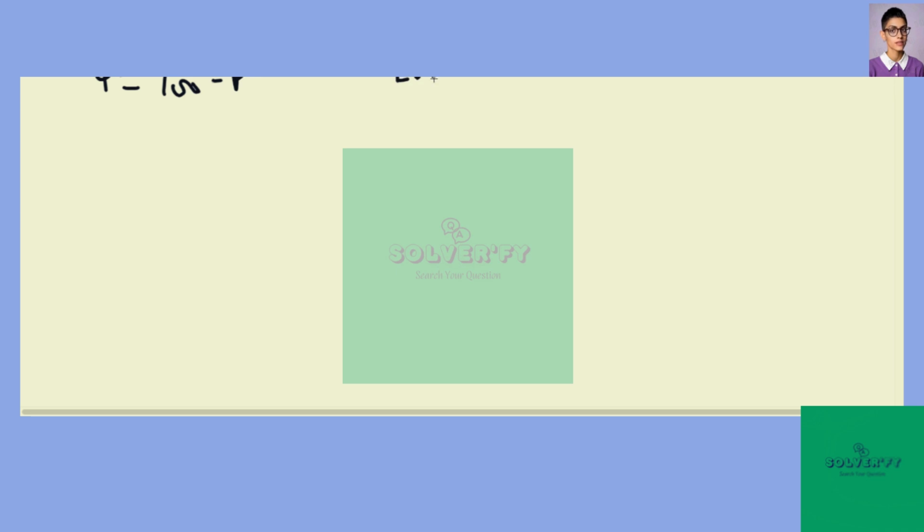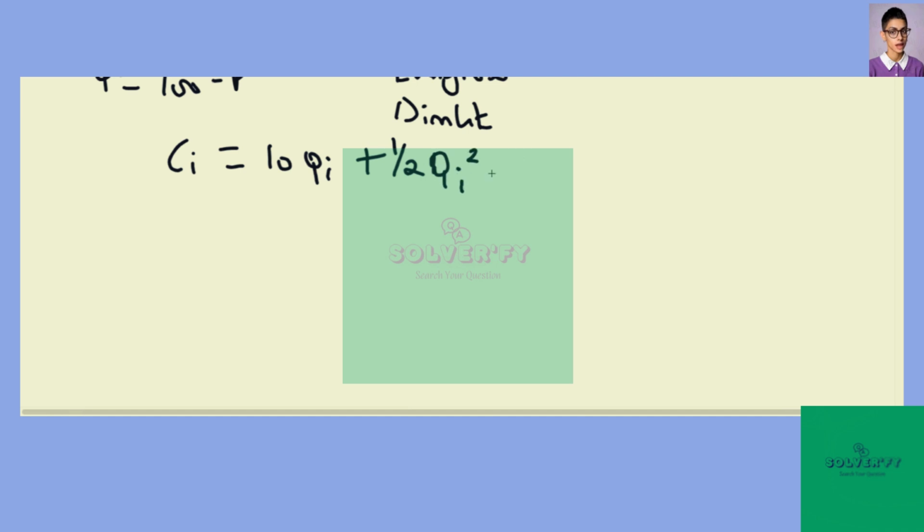So we have Everglow and we have Dimlit, and they have identical cost functions: Ci equals 10Qi plus half Qi squared, where i equals E, D, and then Q equals QE plus QD.